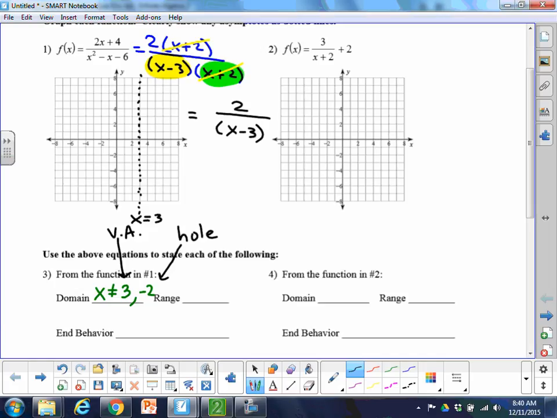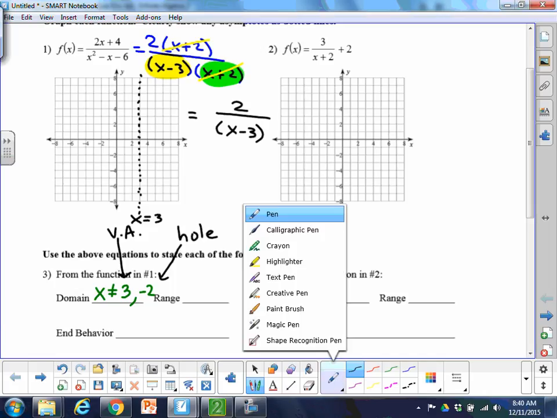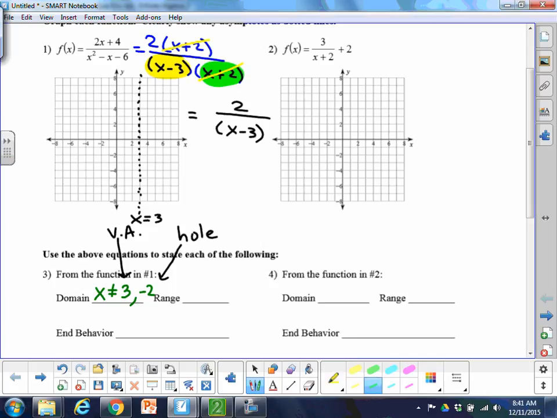All right, and then before we graph it, let's think about a horizontal asymptote. For that, I'm thinking about the degree. The denominator is x to the second power, and the numerator is just x to the first power.